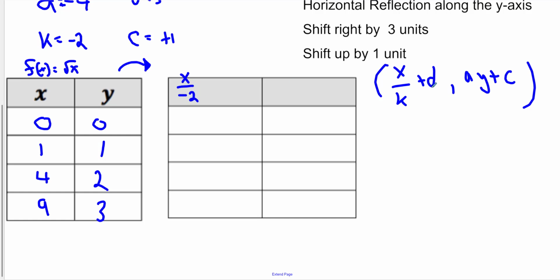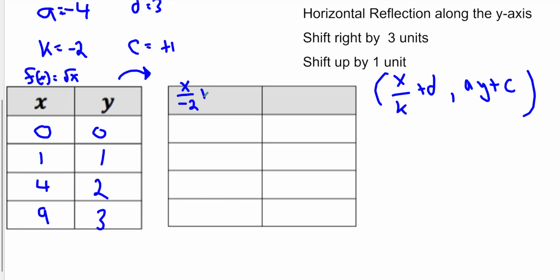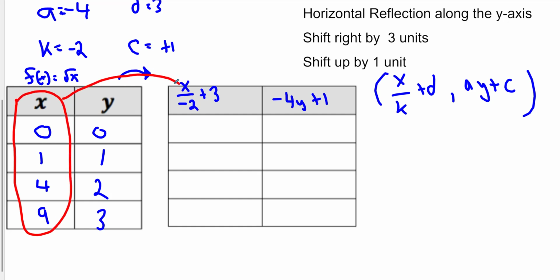What's my d value? 3, so plus 3. That's my equation on this side. And my equation for a y plus c, well, a value is -4 times y. c value is 1, so plus 1. So all you have to do now is take the original values from your parent function, substitute them into your mapping notation, and then spit out the corresponding result.